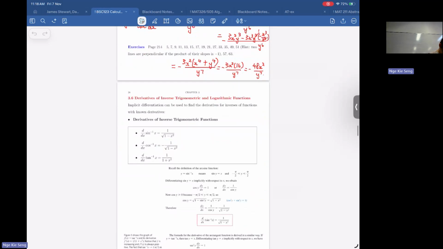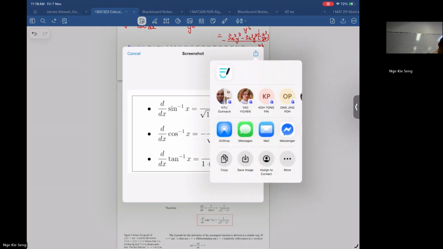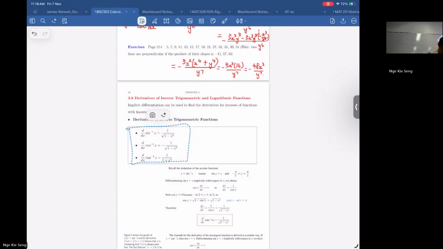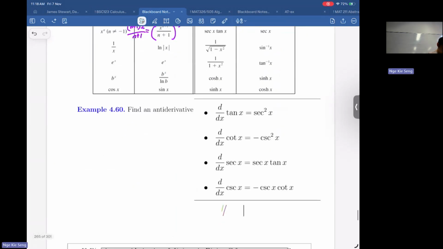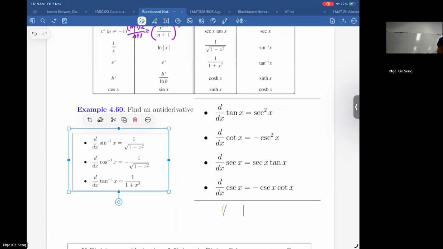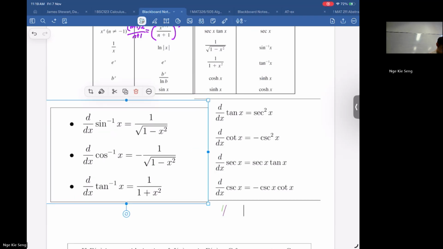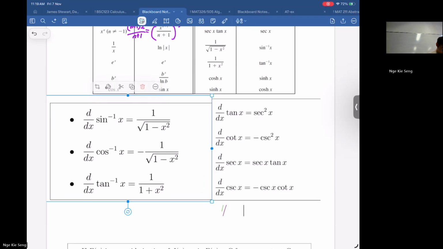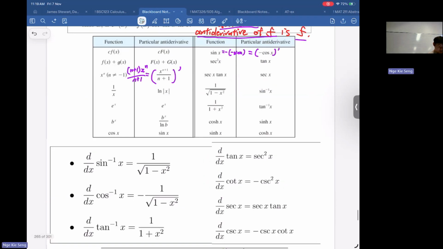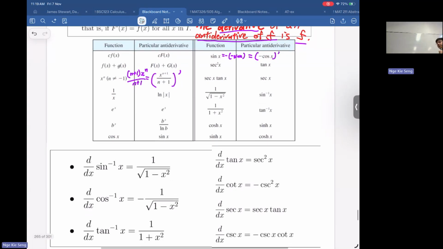Yeah, this one, good. Copy, paste here. So you can see that it's the opposite table you had for derivative.